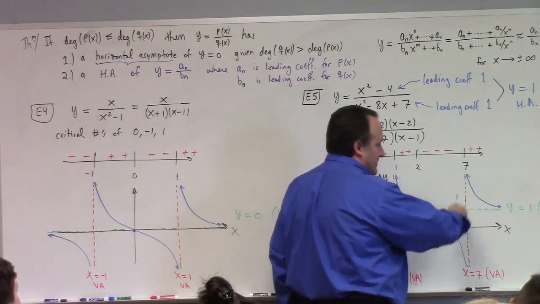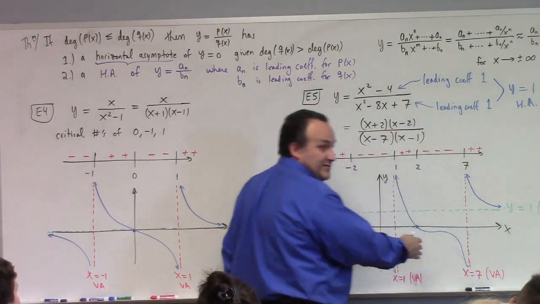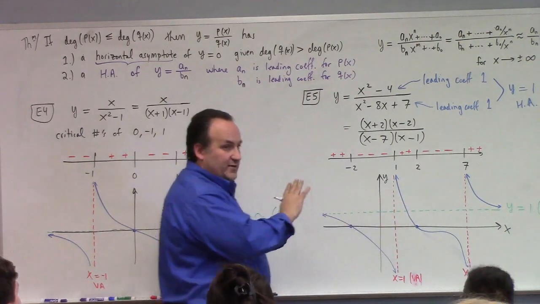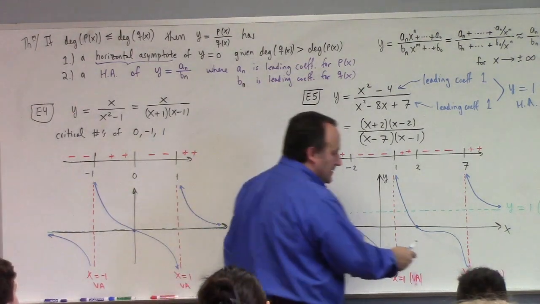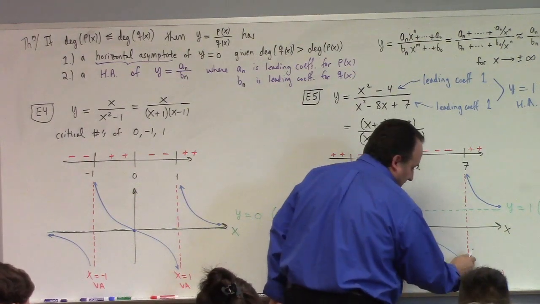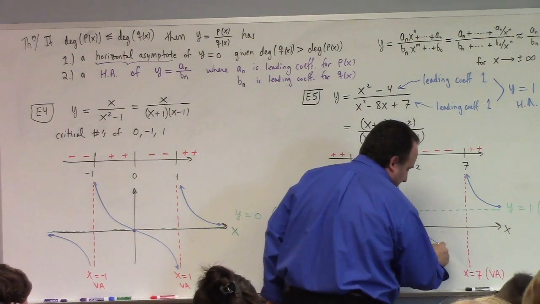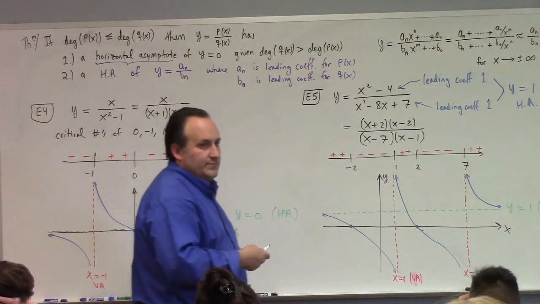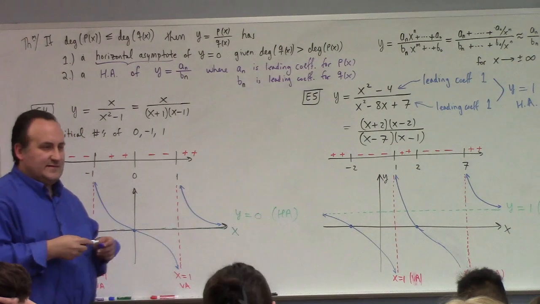The only places it can cross the x-axis are the dotted lines where it can jump, or the x-intercepts. That is pretty limiting to what the shape has to look like. But exactly how this goes down, or whether it's more like that, I don't know. So it's an overall estimate. It's a sketch.